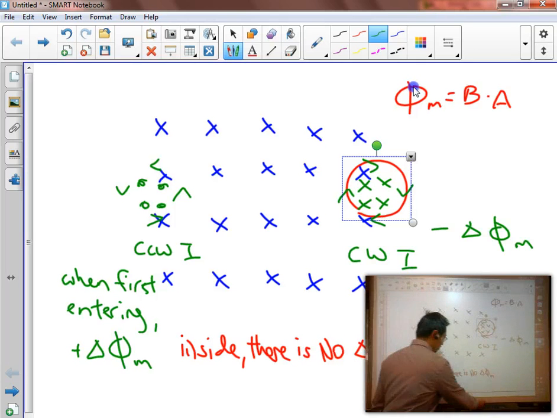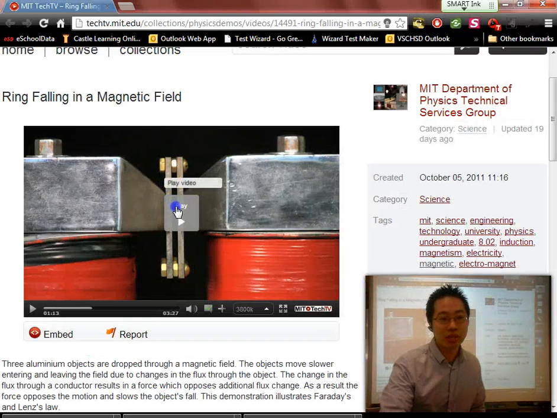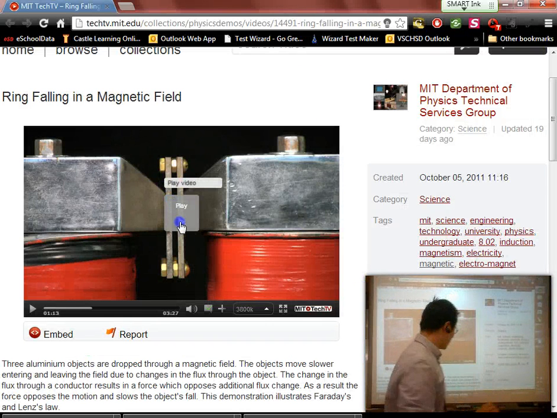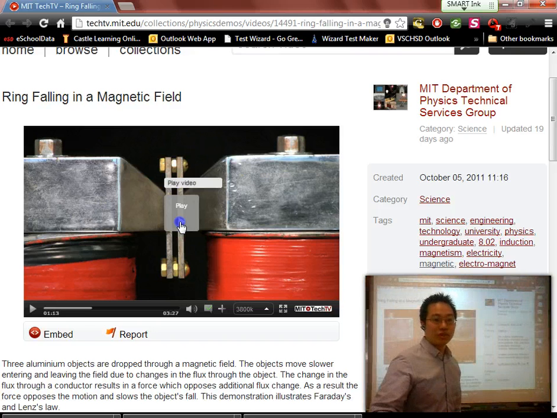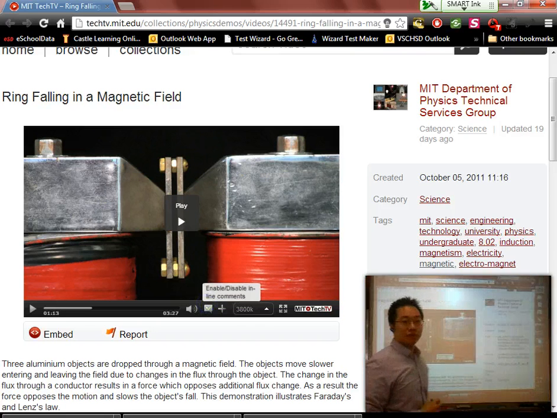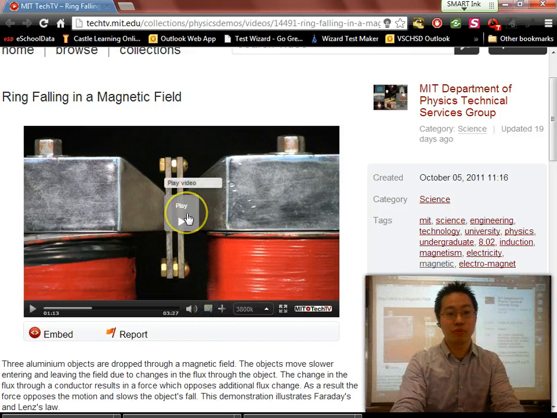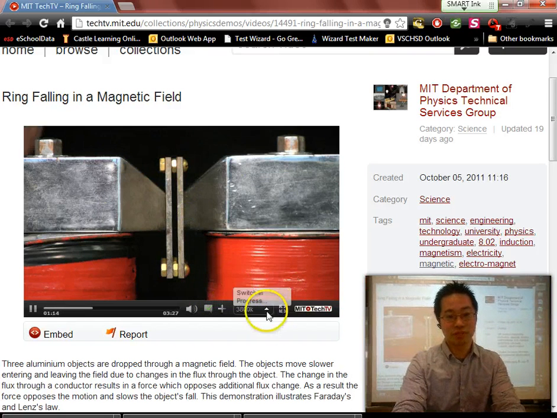And to prove that this does happen, I have another demonstration here by MIT, where they have a magnetic field over here between these two plates, and they drop a loop through those plates. Let's take a look.